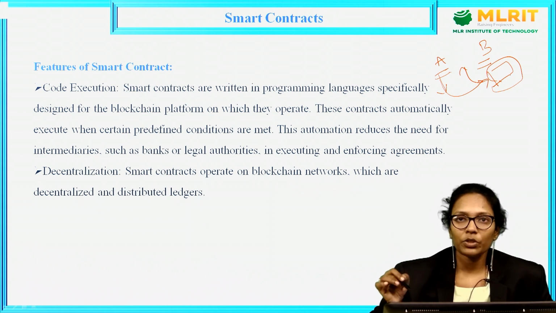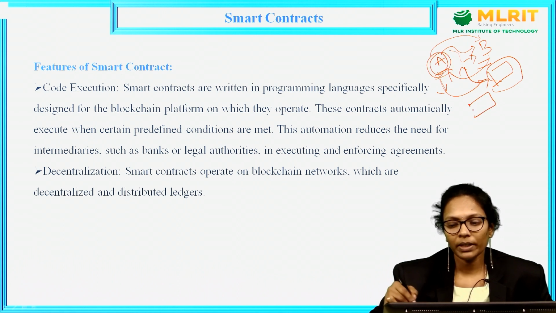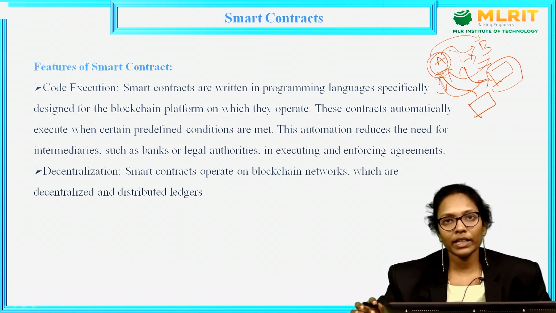If the documents are valid, then A will be willing to buy the land from B. But for that also we have some process. A should transfer the amount to B. After completing the process, B will transfer the authority to A, and the documents will be transferred to A. This is all a manual process, which will take some time.